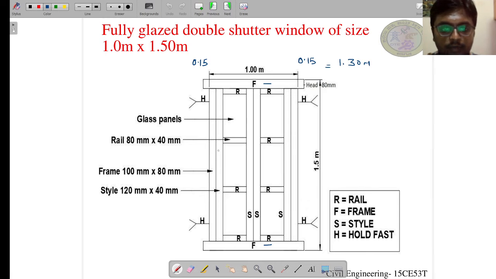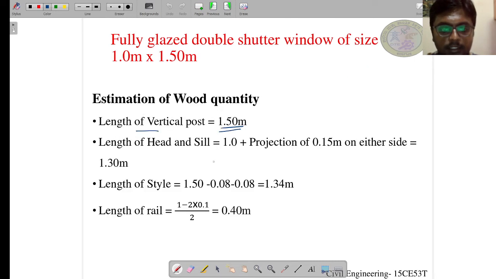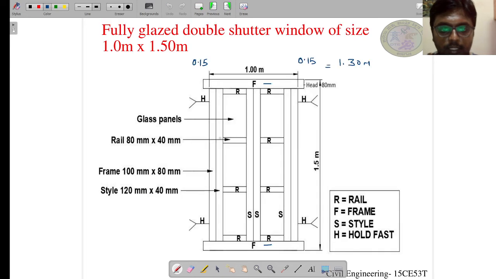In the shutter we have stiles, rails and panels. Let us start with the stile. We need the stile from here to here. How to calculate? 1.5 meter is the total height of the window.